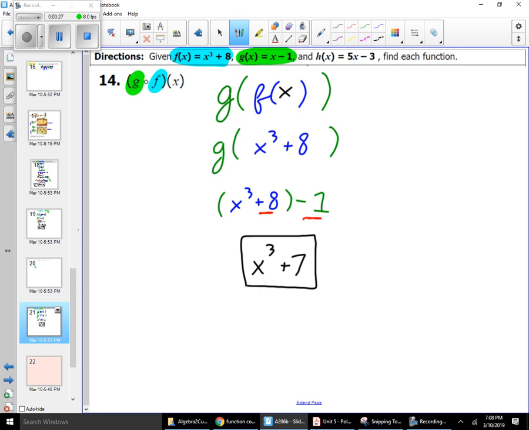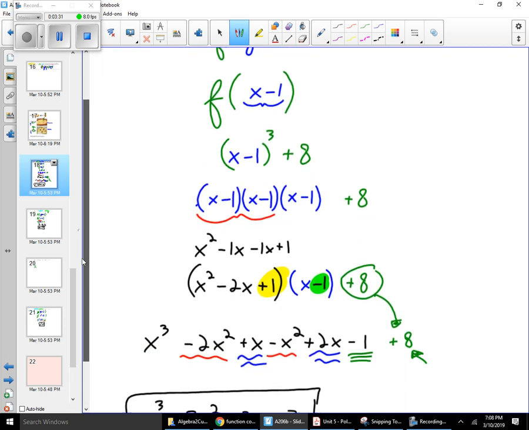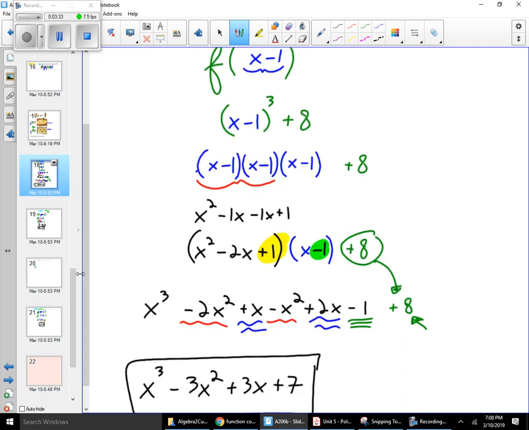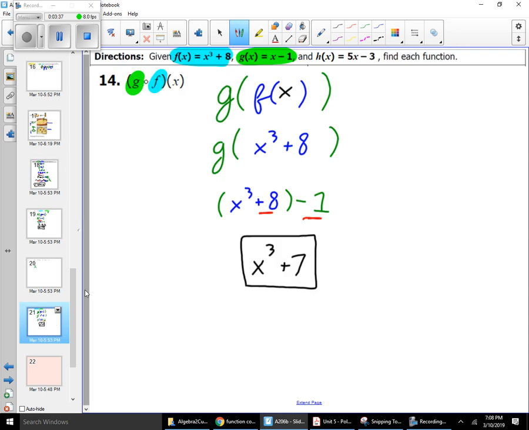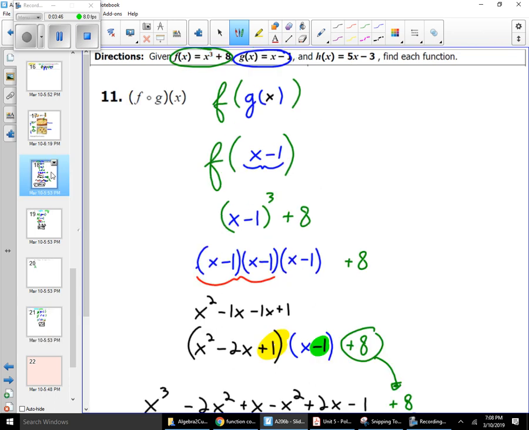Order really matters when we're talking about composition. In that first example, when we did f of g, look at all the work. When we come down to this last one, when we switch the order, g of f, I get a totally different function that algebraically couldn't have been further from that giant FOIL followed by a trinomial times a binomial.